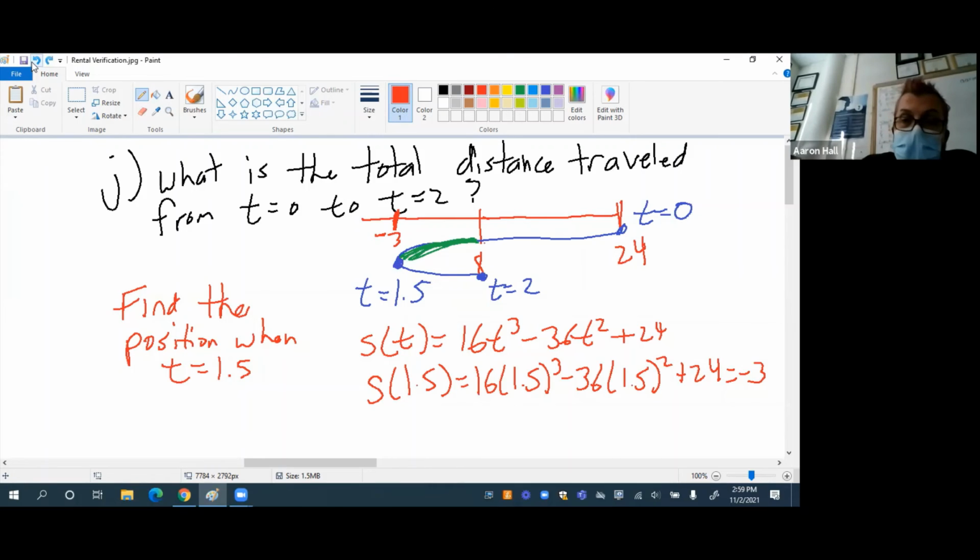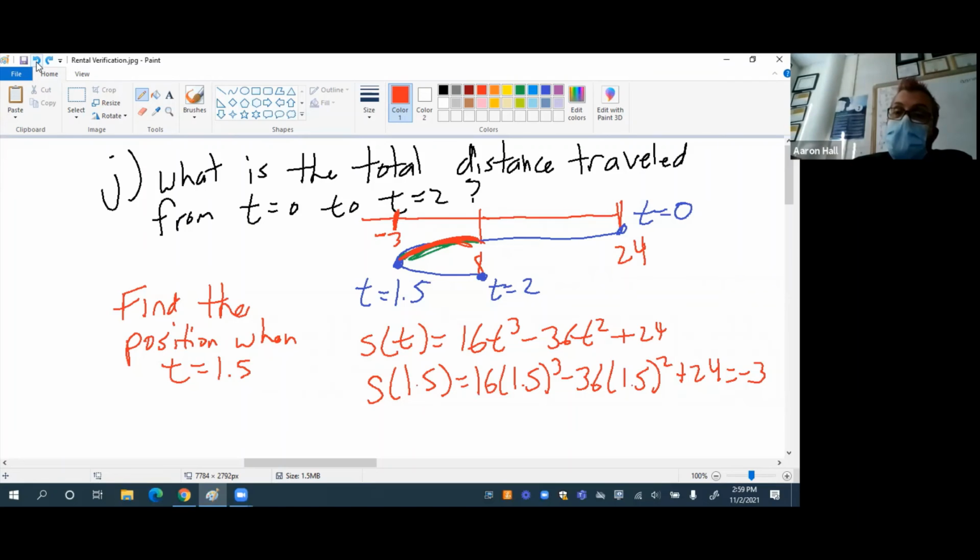So how much more did it travel? How much? What's this distance here? 11. We just find the difference between those points, and that's your distance.